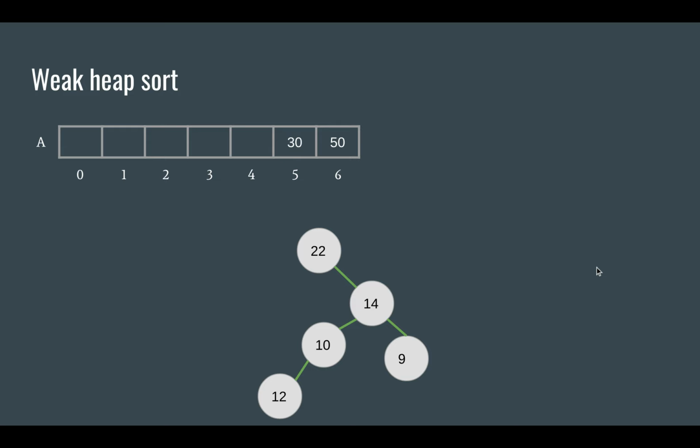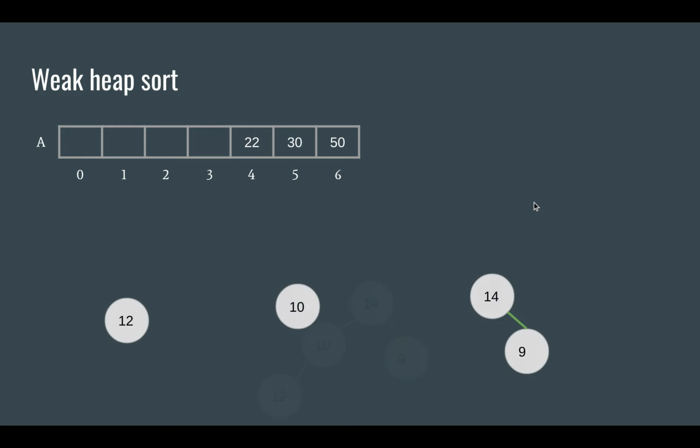Again we will take the root and put it in the last available position of this array. Then the remaining tree is divided into three trees, and we will merge these three trees together.